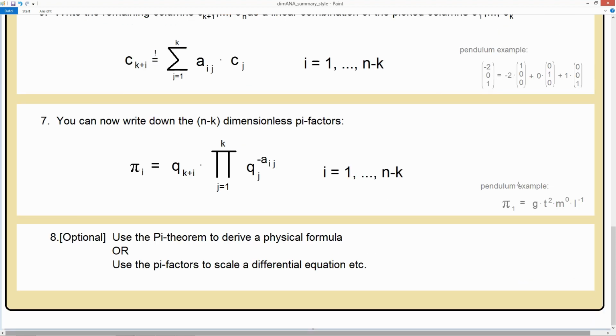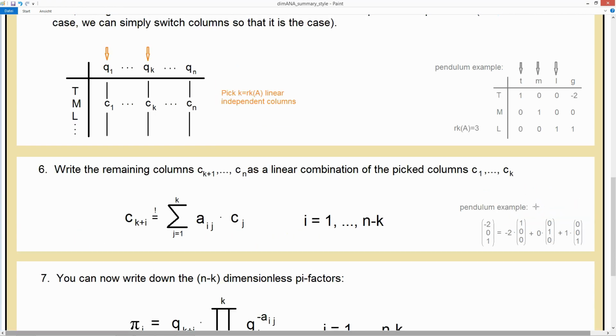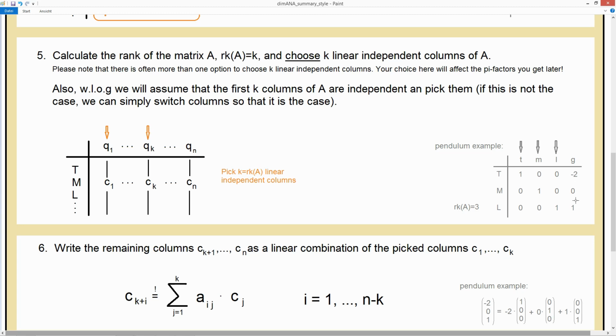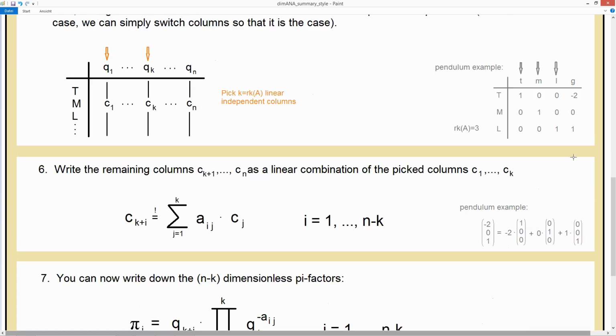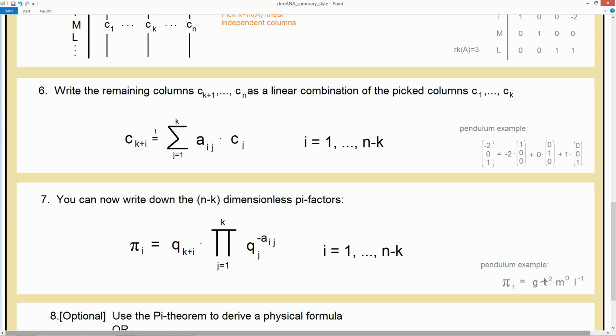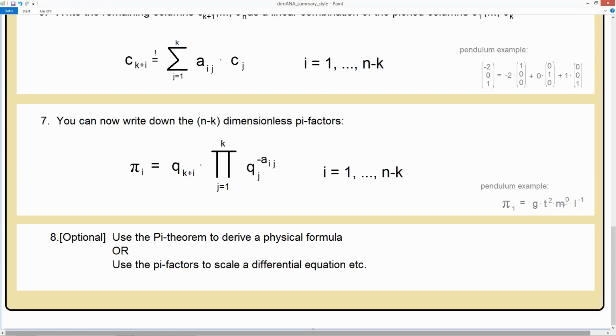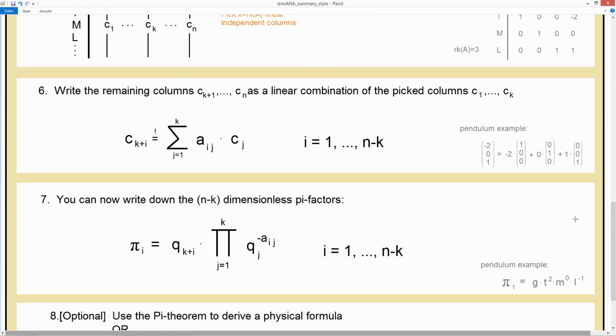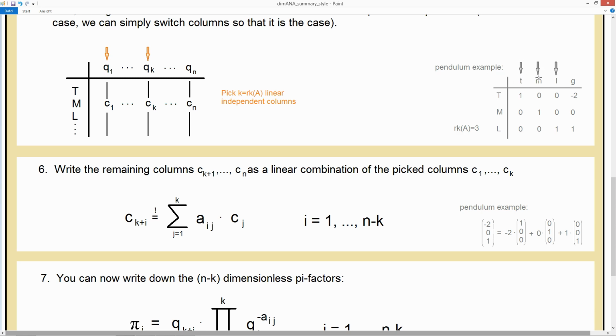So in our pendulum example, we only have one pi factor. So we have to pick the quantity that corresponds to the remaining column, so g. Then we add the picked quantities, so T, m, l, this here.